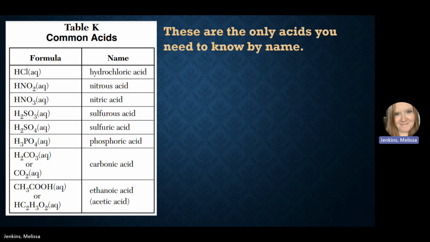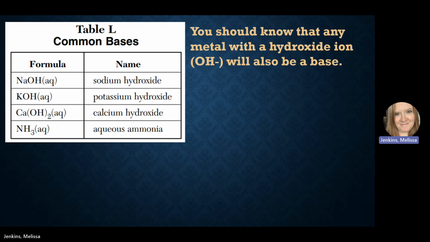Whereas when we talk about bases, if we're talking about an Arrhenius base, they have OH negatives as their only negative ion, but a Bronsted-Lowry base is an H plus acceptor. So the definition differs when we get to bases, okay?